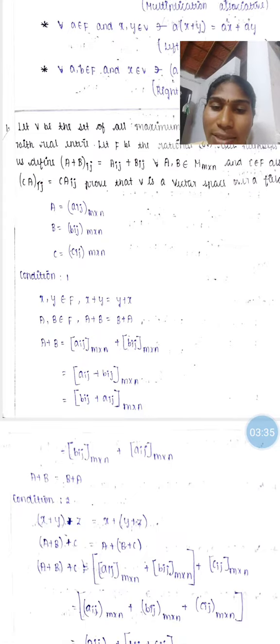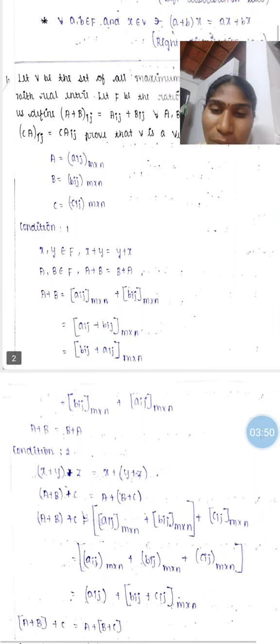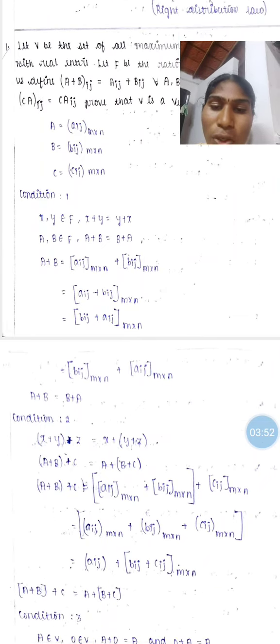So we add aij plus bij of m cross n. It's addition, so interchanging aij and bij, we get bij plus aij of m cross n. So it's bij of m cross n plus aij of m cross n, which is B plus A. Hence A plus B is equal to B plus A.